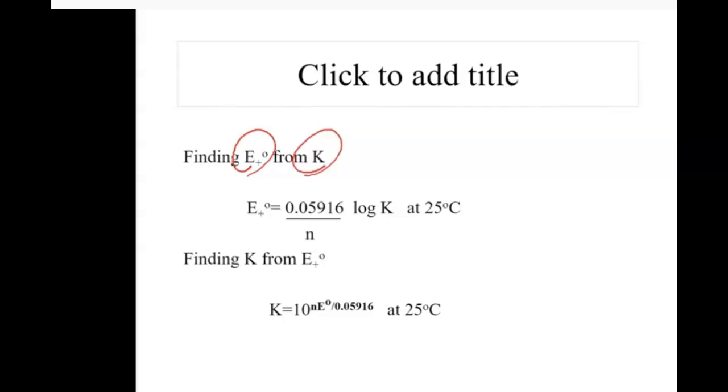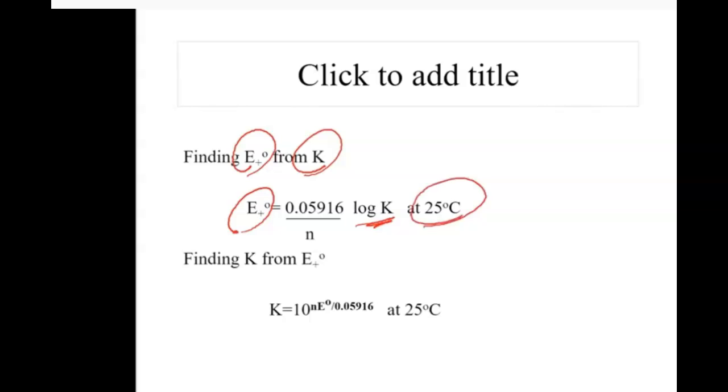Once you have found the value of K, using the relationship we talked about earlier, we can calculate the standard reduction potential of that cell, because 0.05916 over n log of K is going to be the standard reduction potential.